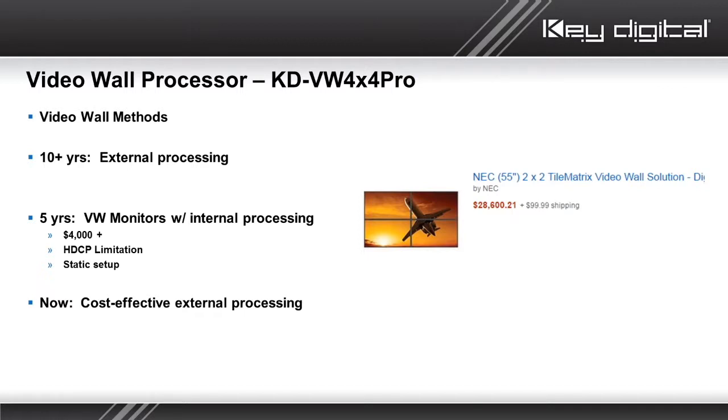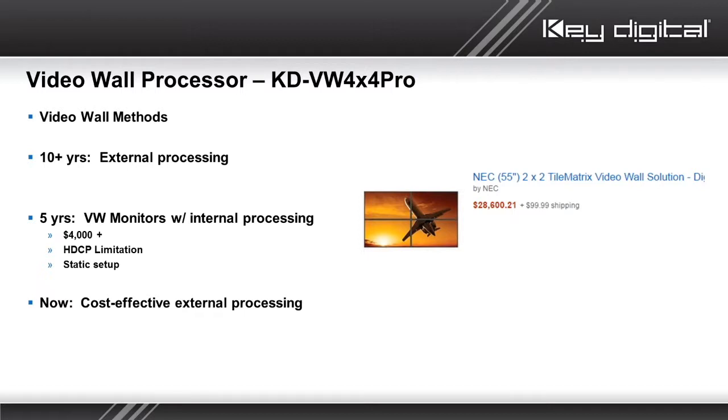Now, when we talk about achieving a 2x2 video wall with monitors using internal processing, you now have your brands that previously were known as consumer brands like Samsung, LG, Panasonic, that have entered this game, this market, if you will, this category.